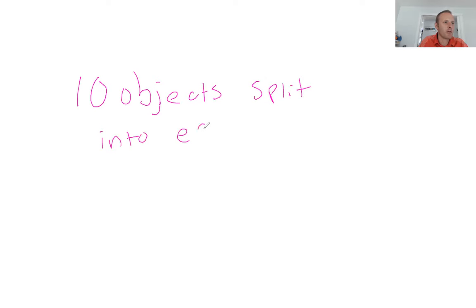And you might see something along the lines of this. You might be told that there are 10 objects split into equal groups.